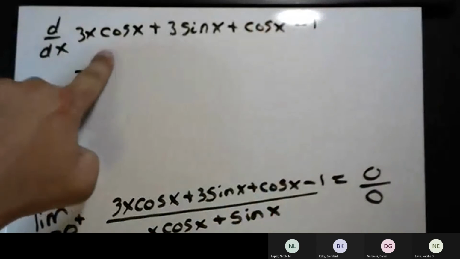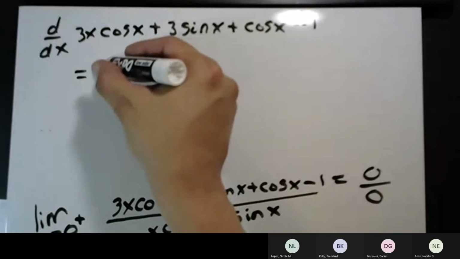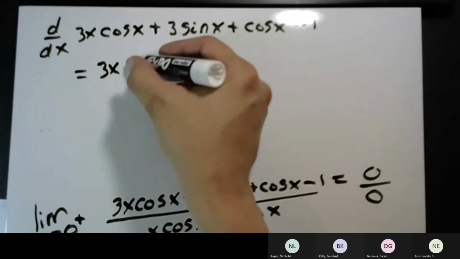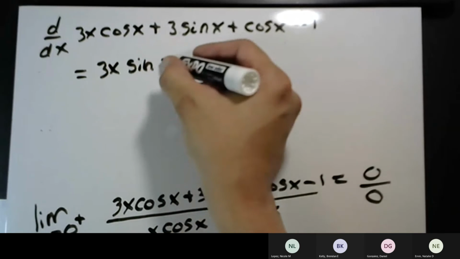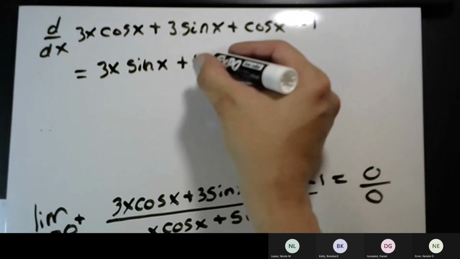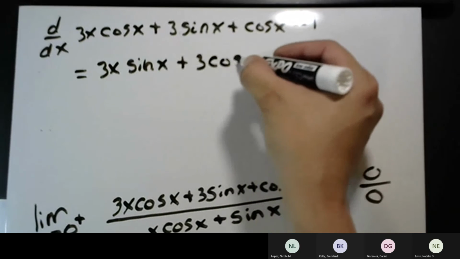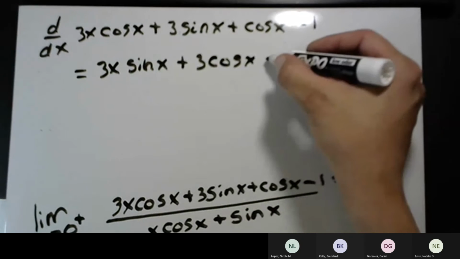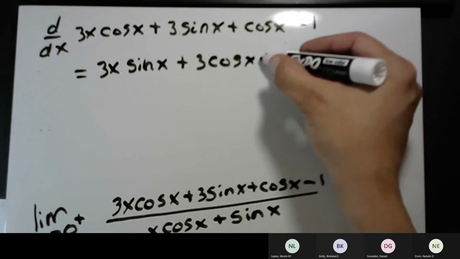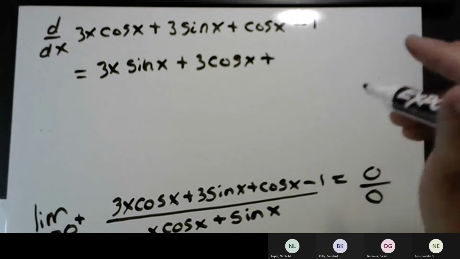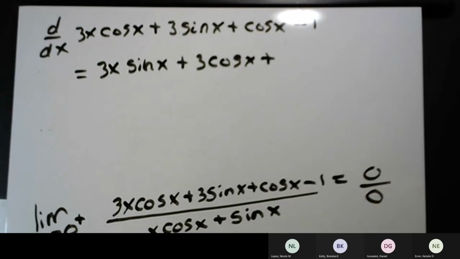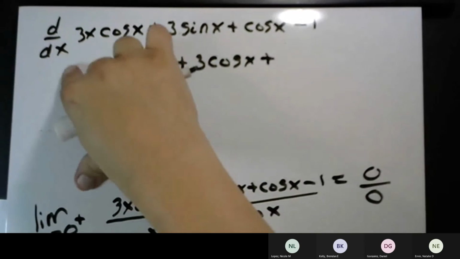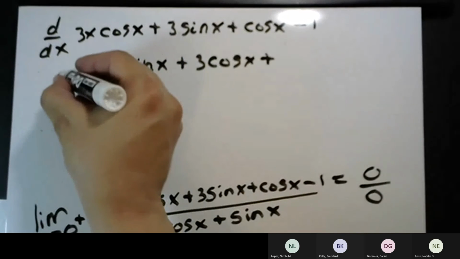And again, we've got a product rule here. 3x sine x plus 3 cosine x. Let's see, we have sine, so it'll be 3. Let me double check. This is going to be negative. Put a negative in there.